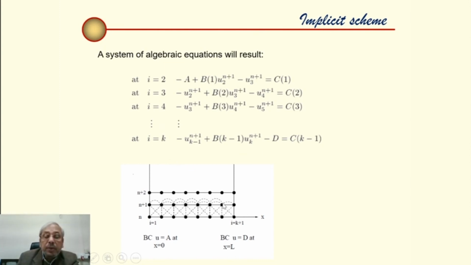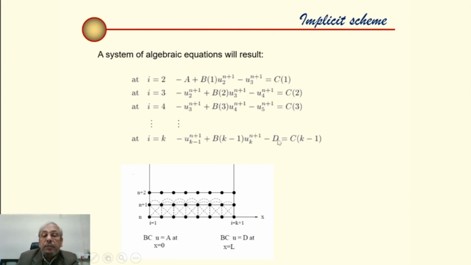If we move up to i equal to k, we can see uk minus 1, uk, and uk plus 1, and uk plus 1 is falling on the boundary, so it is substituted by the boundary condition. The boundary conditions are u equal to d at x equal to l and u equal to a at x equal to 0.